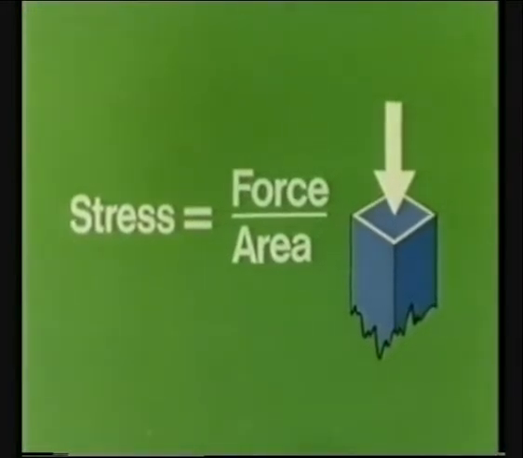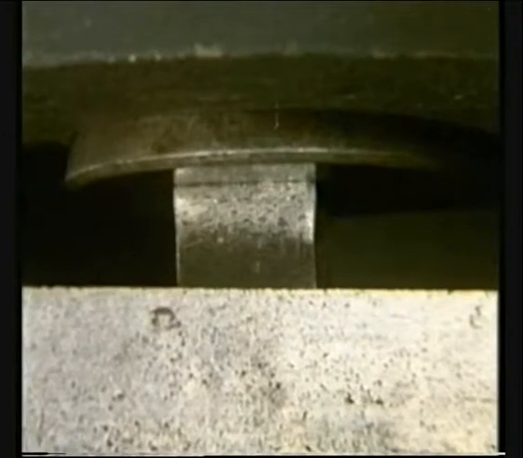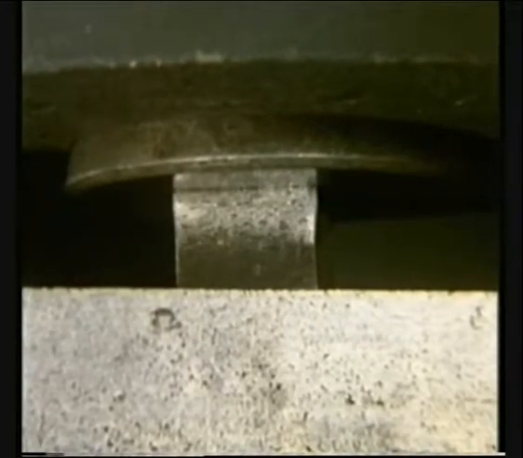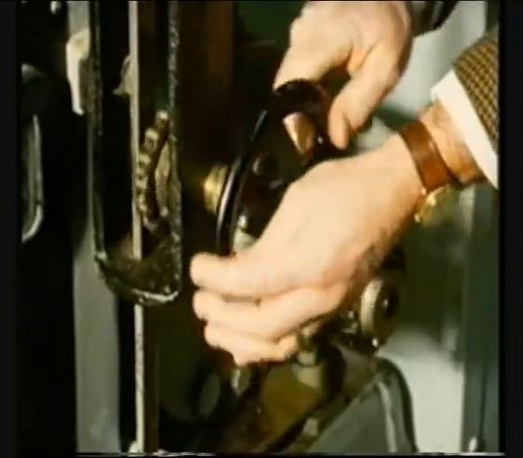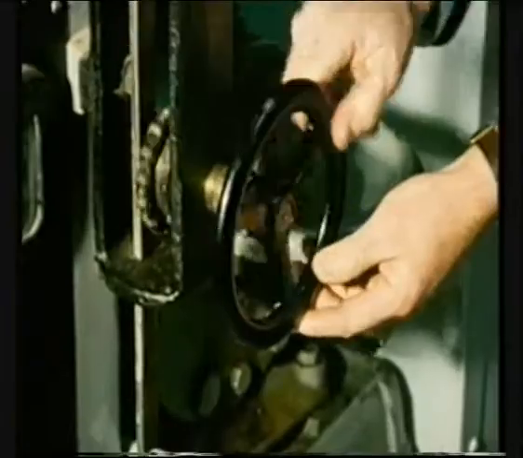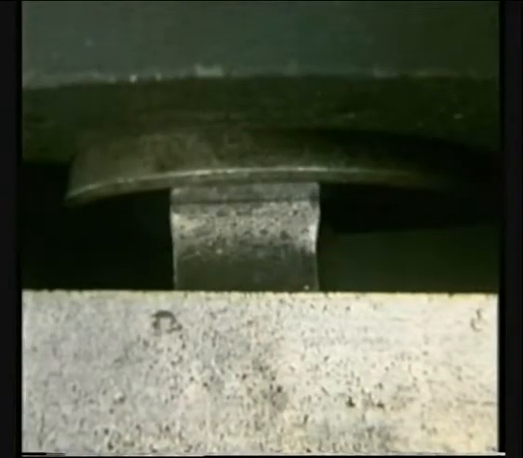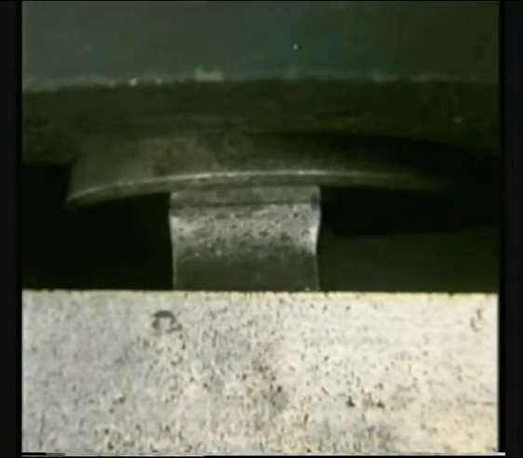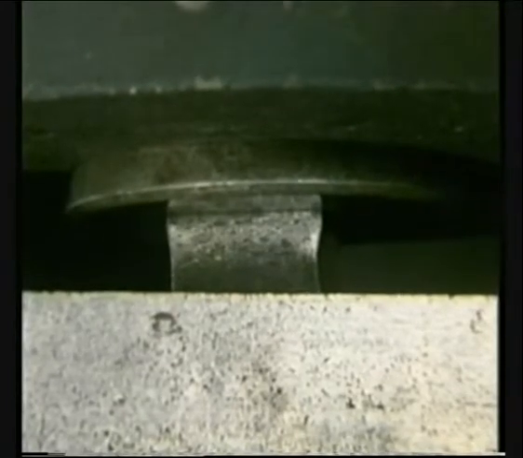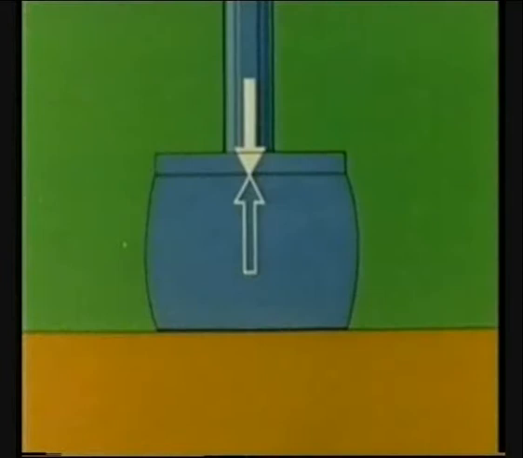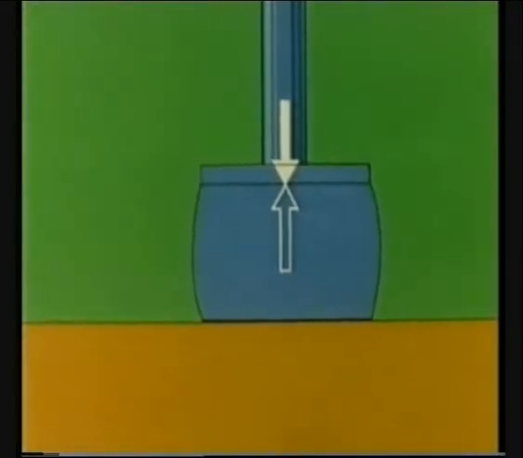Now, there's something else that happens to a material when a force is applied to it. Here, we're applying a very large force to a block of material in a compressive testing machine. Can you see what's happening? It's becoming deformed. Its dimensions are changing. In particular, its height has changed.